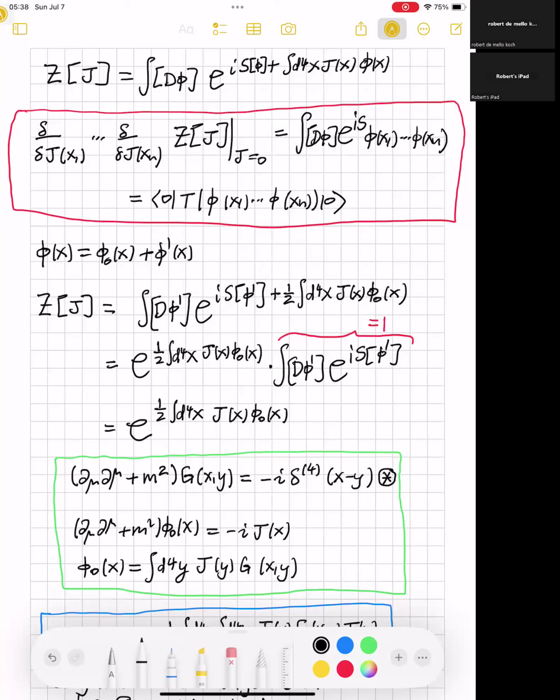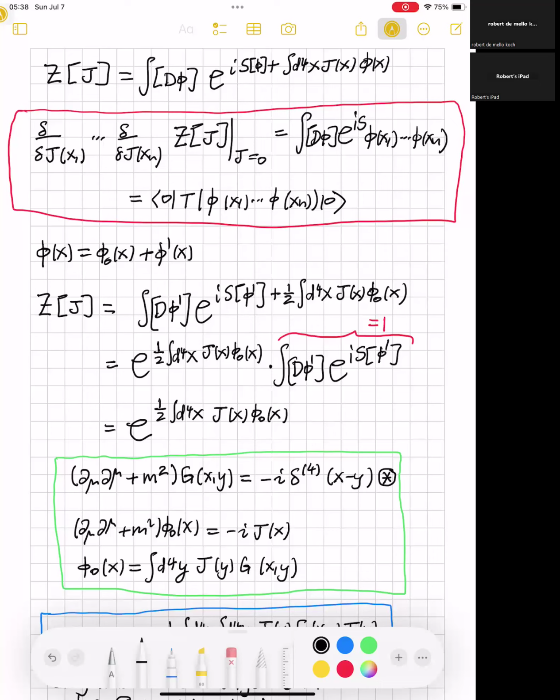Now, why is this quantity interesting? It's interesting because of the red box. We said by taking functional derivatives with respect to J, and then setting J equal to 0, we get the path integral, which is an integral d phi, e to the i S, and then we've got this product of the fields, phi of x1 up to phi of xn.